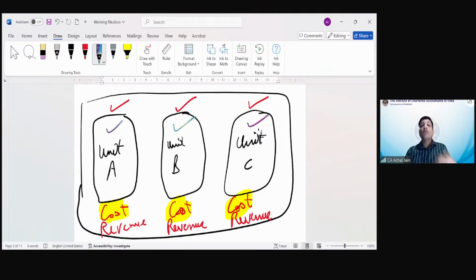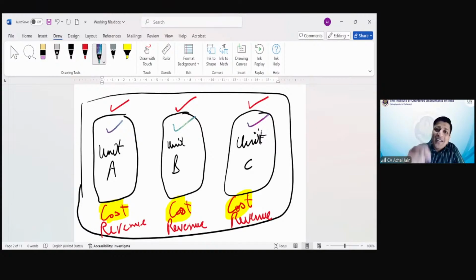Okay. Now, if you look at the fact pattern which is available to us in the question, and I'm just going by the fact pattern available in the question, separate costing for each unit is worked out. Correct. Separate revenue for each unit is identified. In fact, initially when the budgeting was done, that was also done separately for each unit. That's why separate proposals have been given. So in such a case, what should you do?